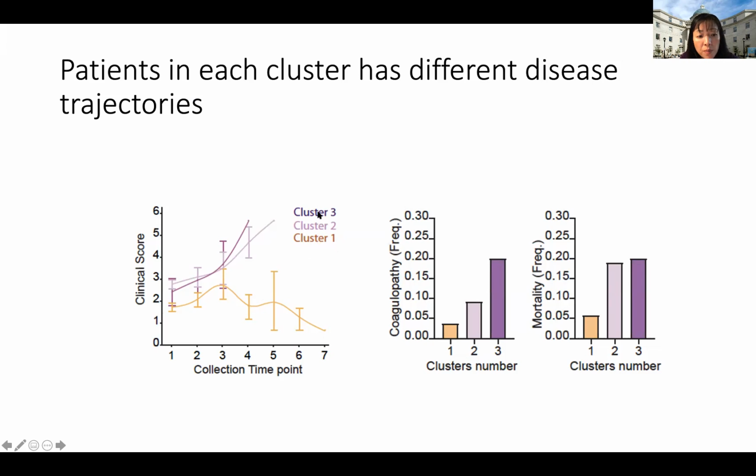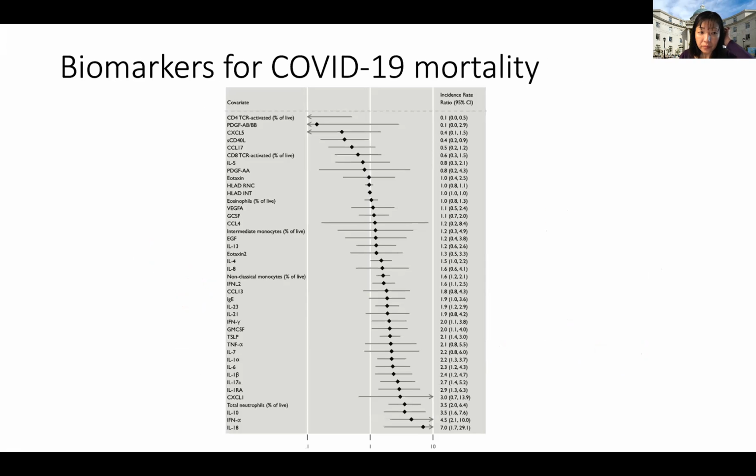Whereas cluster 2 and 3 patients have an increase in disease score over time, associated with higher levels of coagulopathy as well as mortality compared to the first cluster of patients. So just based on these cytokines alone, we are able to define different sets of patients that go on to recover versus those that go on to severe disease.